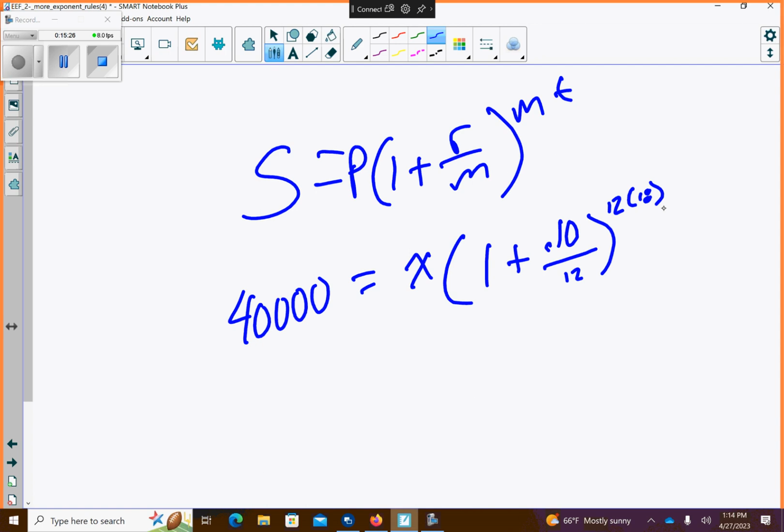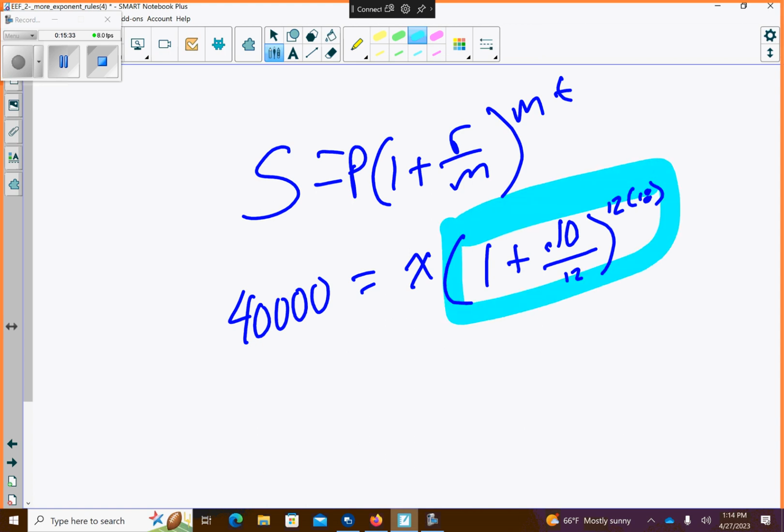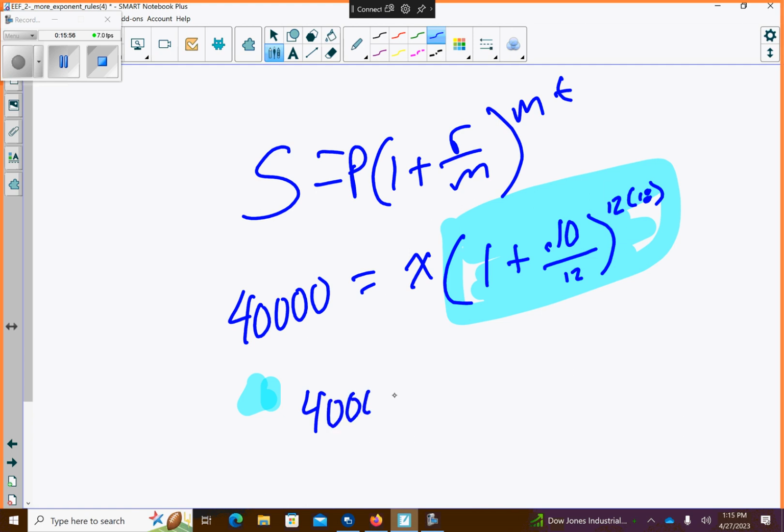So yes, you could do this on Desmos, or what you could do is just try and figure out what this is right here. You could do this on a calculator pretty easily. So I got 1 plus 0.1 divided by 12. Raise that to the 12 times 18. So 40,000 is equal to 6.004x.